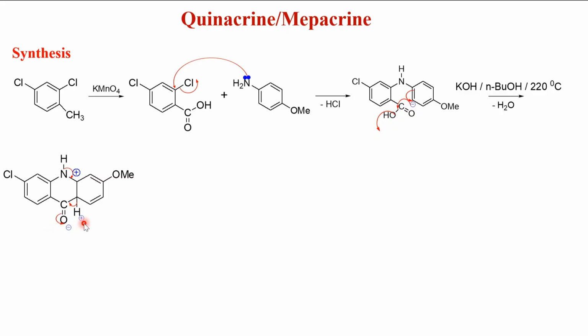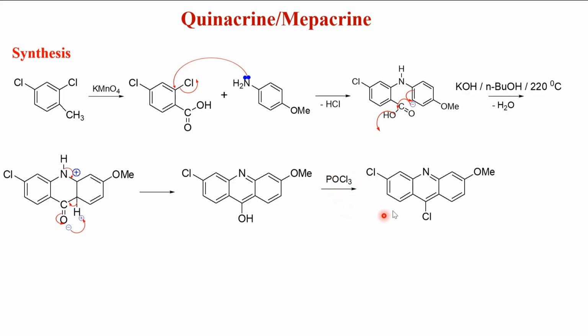O minus combines with H plus and becomes OH, and I'll get the corresponding 9-hydroxyacridine derivative.